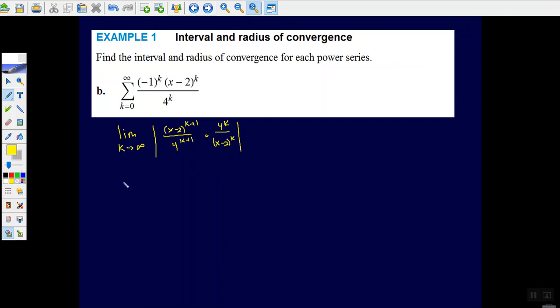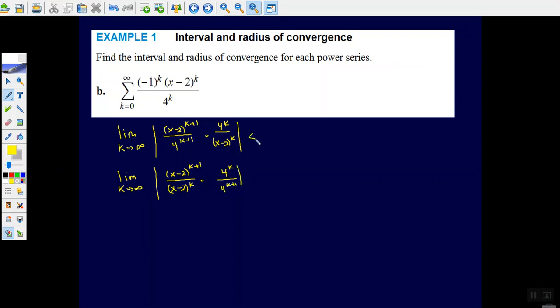And let's go ahead and rewrite it one more time where we bring the similar parts together. And so that means we'll be bringing the x minus 2's together here. And we'll bring the 4 to the power of k, or k plus 1. We'll put those together over on the side.